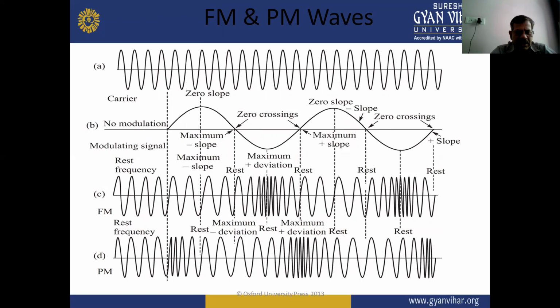The third one is the frequency modulated waveform, in which the frequency is changed but the amplitude of the carrier signal remains constant. The last waveform shows the phase modulated output waveform, in which the phase is changed in the carrier waveform.